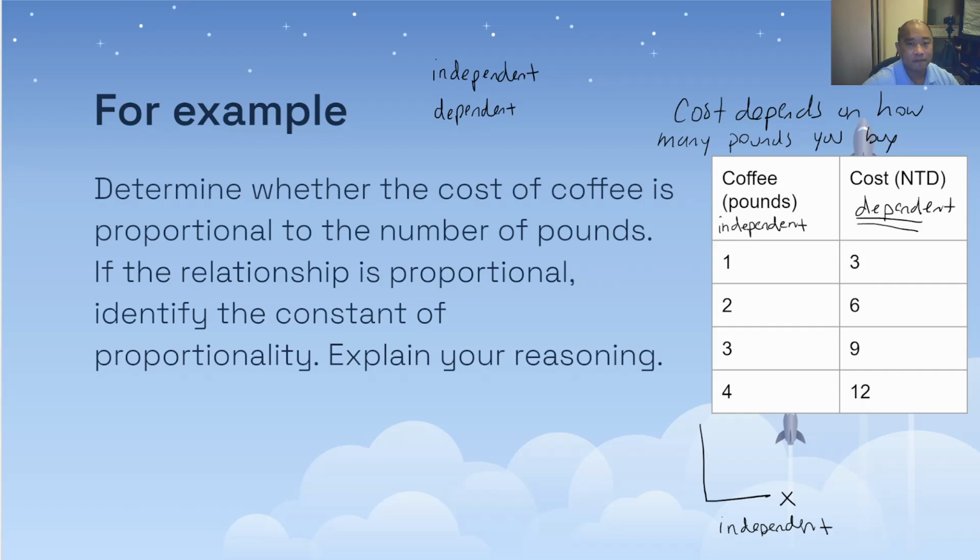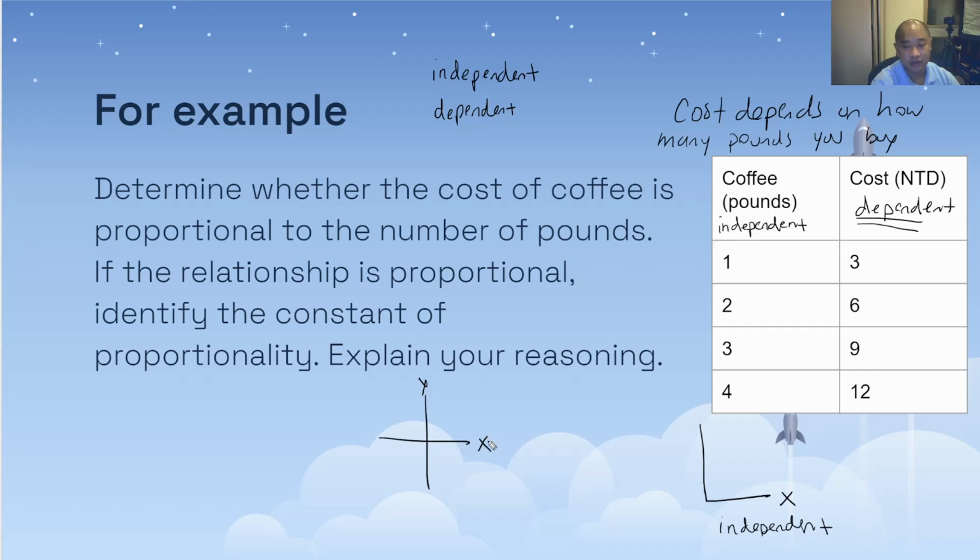Cost depends on how many pounds you buy. Sorry about that. Okay. So the independent variable goes on the x-axis. When you look at a coordinate plane, the x is the independent and the y is the dependent. What's a good way to remember this? I don't know, actually.